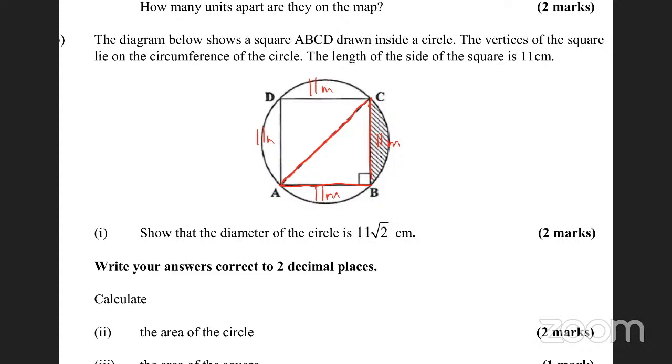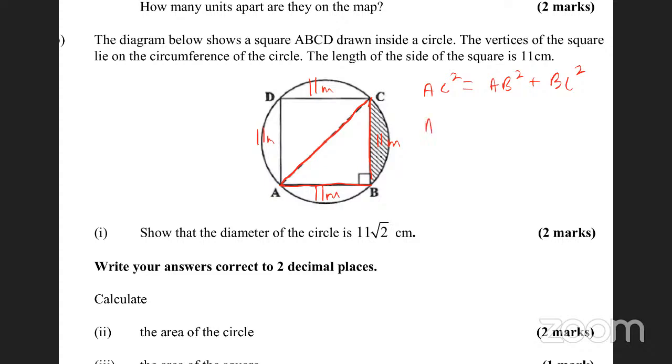You don't have angles. So what's the rule you could use here? Pythagoras theorem, right? So AC squared is equal to AB squared plus BC squared.